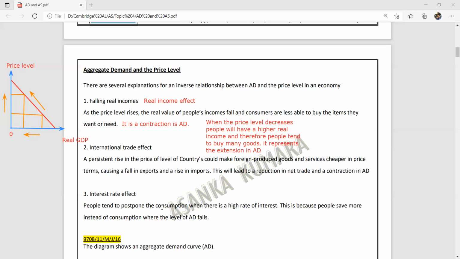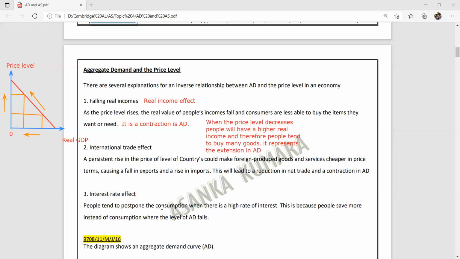Next one, the interest rate effect. The interest rate effect represents the changes in the rate of interest. If the bank offers a higher rate of interest, we tend to save more. That is the normal scenario. If there is a high price level, the bank may also introduce a higher rate of interest. Then people tend to save instead of allocating money for consumption.